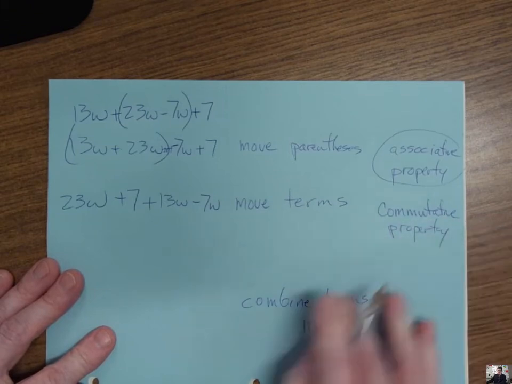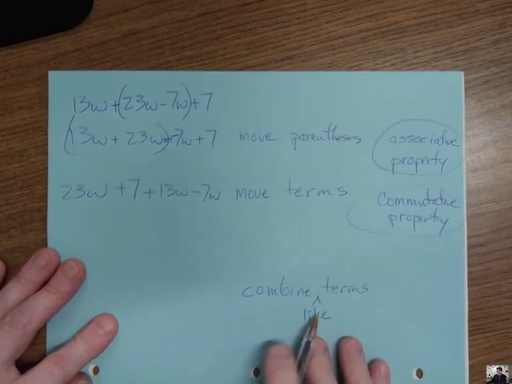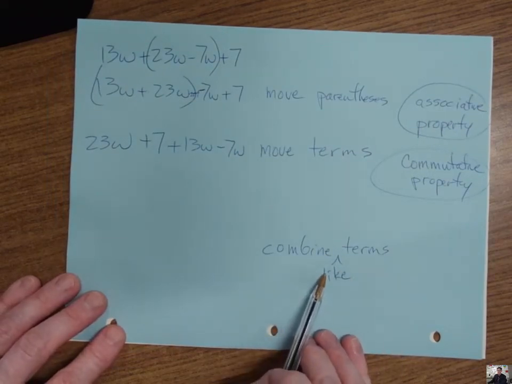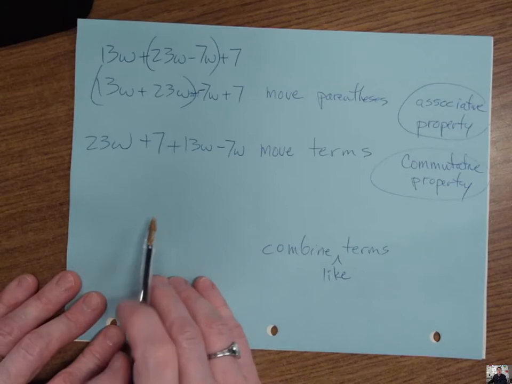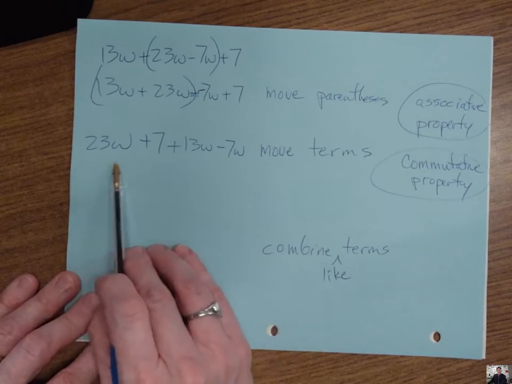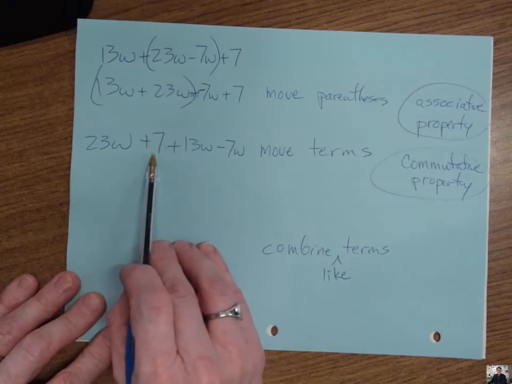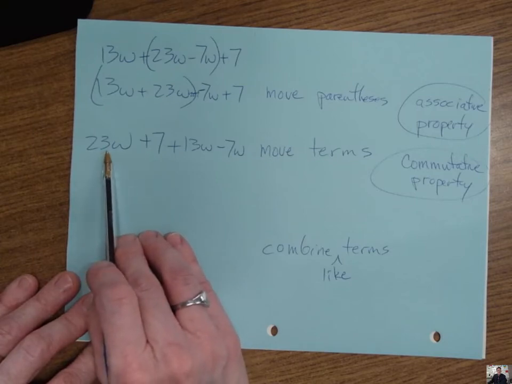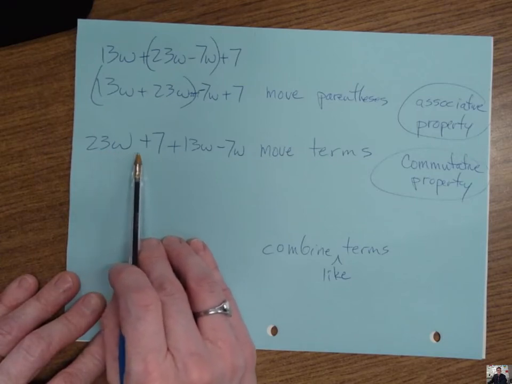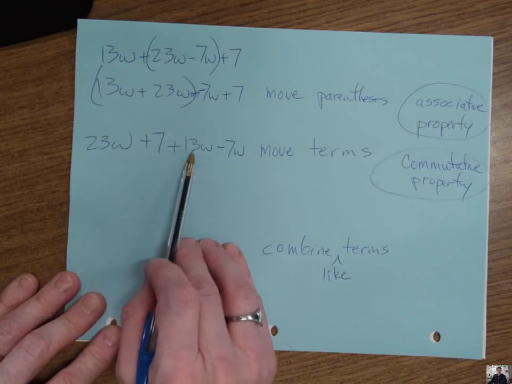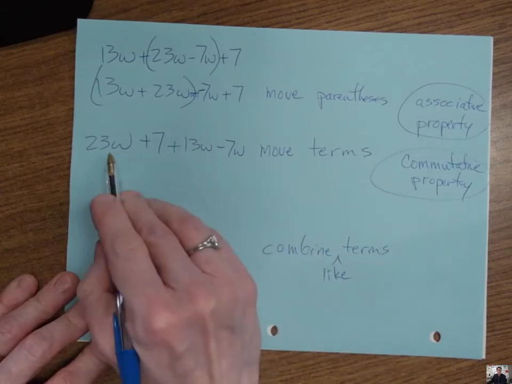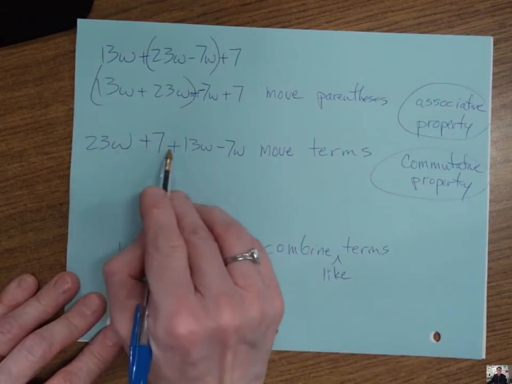You can move the parentheses, move the terms, and we'll do more of this tomorrow, but you can combine the terms that are the same. There's nothing like the 7, so I can't do anything with it, but I've got 23W and 13W. I can put those two W's together and add 23 plus 13.